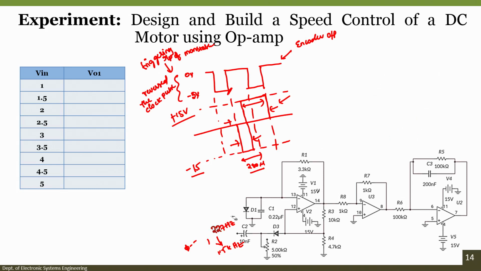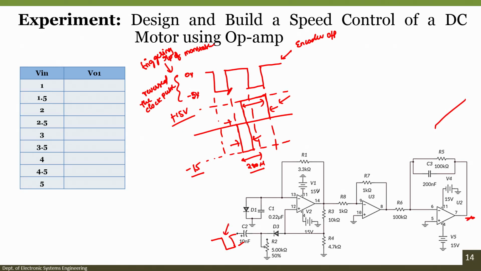Now, we will see, by varying the encoder signal frequency which is given as an input to the monostable multivibrator, whether we are getting a linearly variable output voltage or not. The whole idea is that it has to give a linearly variable output voltage based upon the change in the frequency.